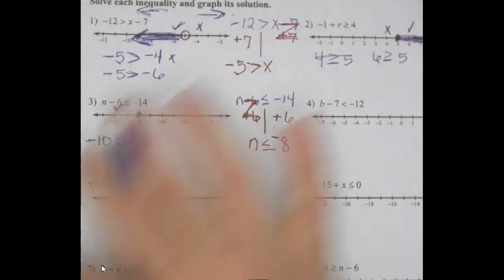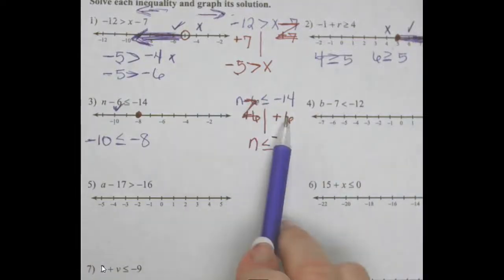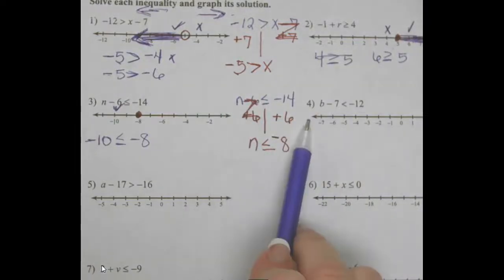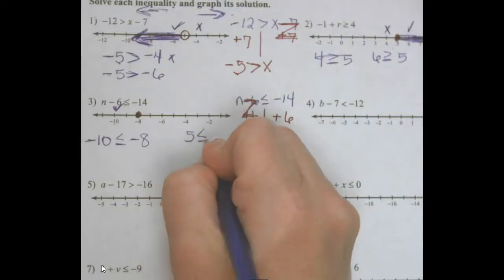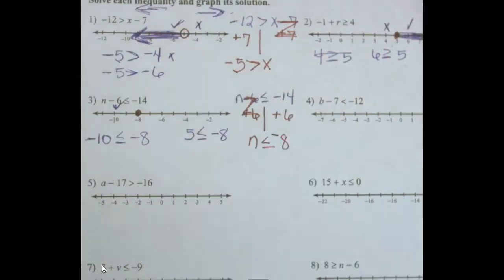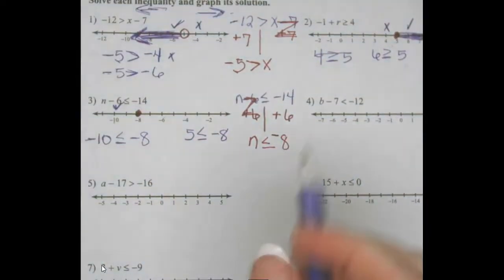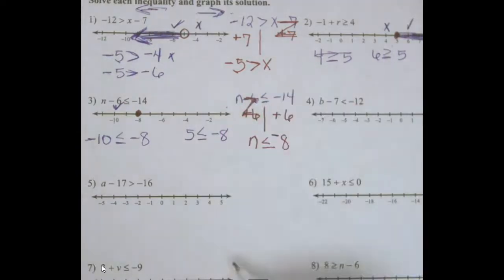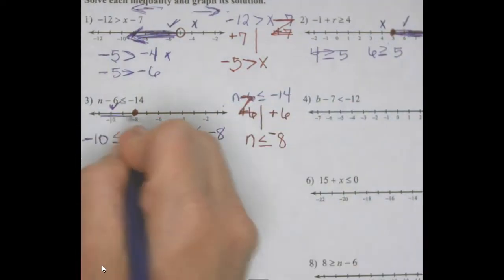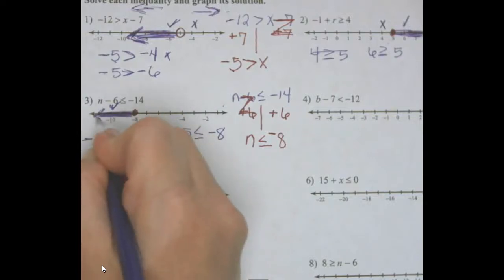Let's just pick a positive number because we know there's going to be positive numbers over here. So is 5 less than or equal to negative 8? No. So this side is not going to be it. So we are going to shade in going toward the negative 10.